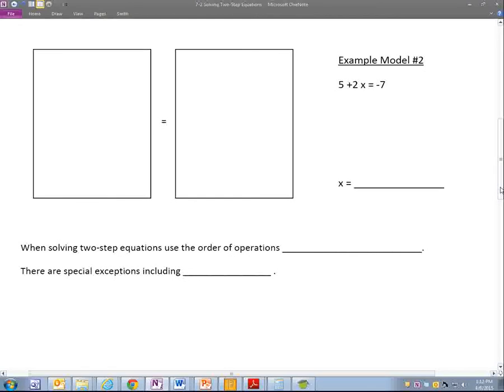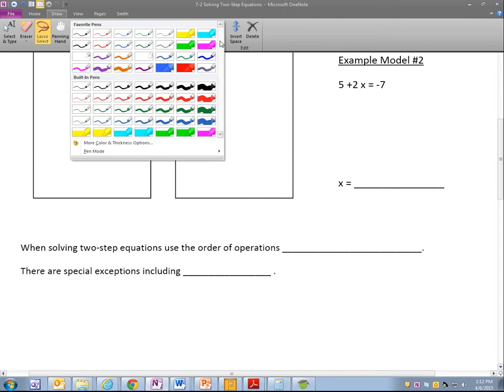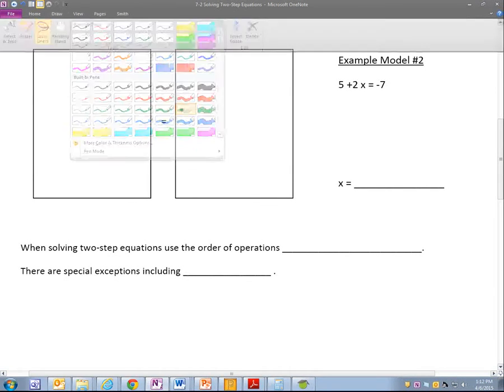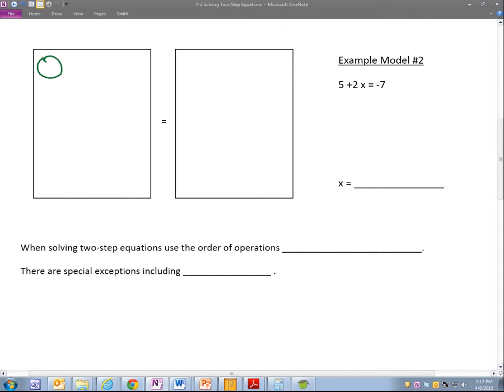Now this one's a little bit more challenging, because we have some negative integers here. So we have 5 positive integers: 1, 2, 3, 4, 5, positive, positive, positive, positive, positive. And we have 2 X's, so we have 2 cups with who knows how many integers.